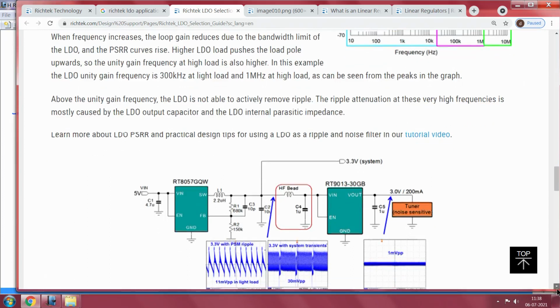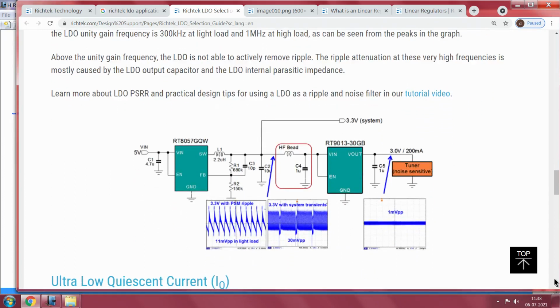Look what happens. Here he is talking about some additional circuitry which you can add, called the high frequency bead, which can be applied before you feed the signal to the Vin. This high frequency bead removes all the ripple that is coming as an input into the LDO.